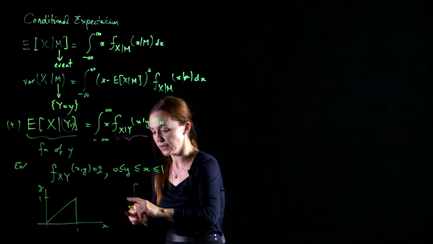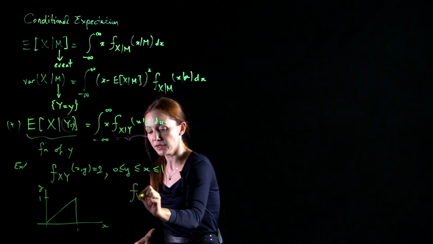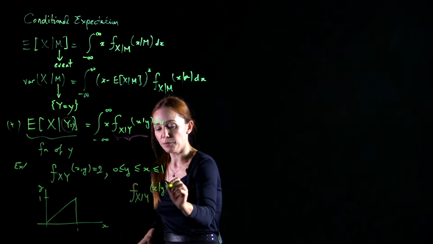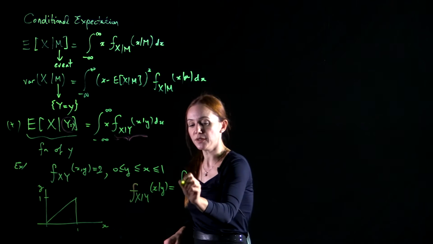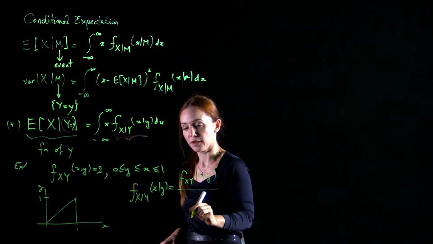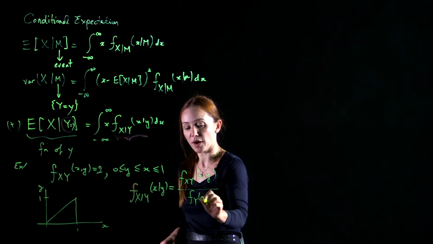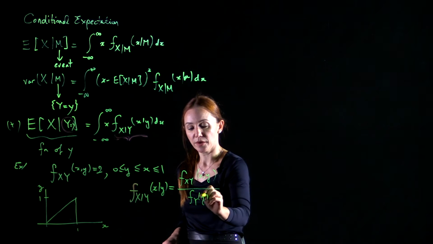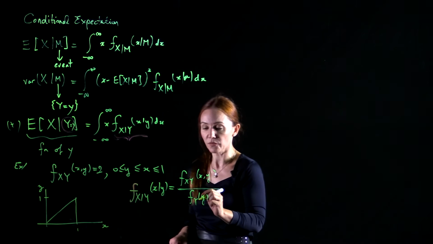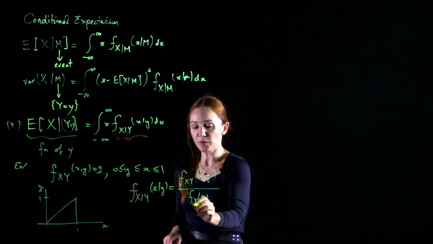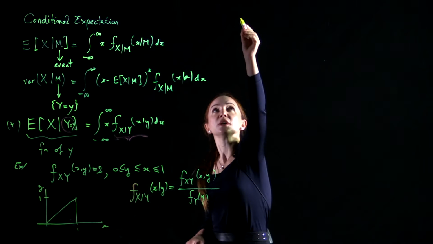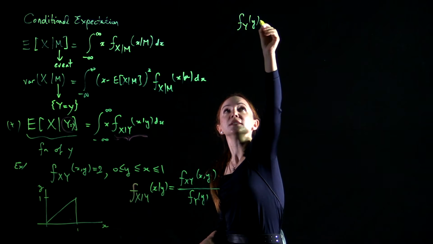The conditional density function f x given y can be found by taking the joint density and dividing it by fy of y wherever the density of y is non-zero. Well, but what is then the marginal density fy of y?